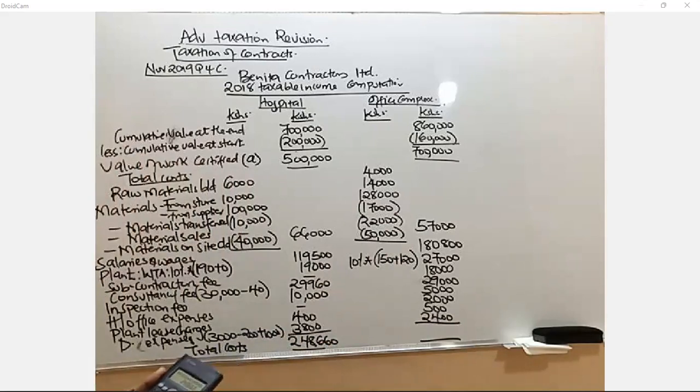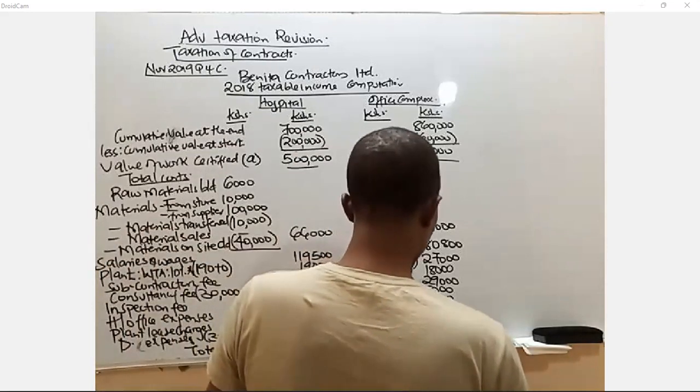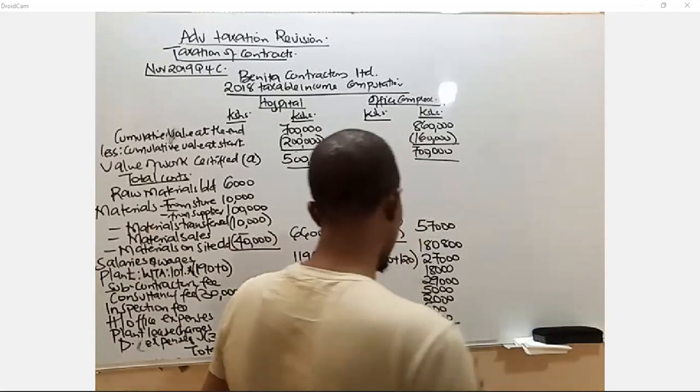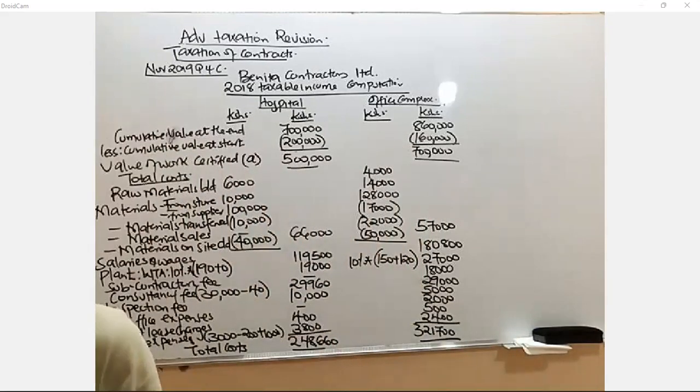On the other side, we have 57,000 plus 180,800 plus 27,000 plus 18,000 plus 29,000 plus 5,000 plus 2,500 plus 2,400. Here we are getting 321,700. You can confirm.